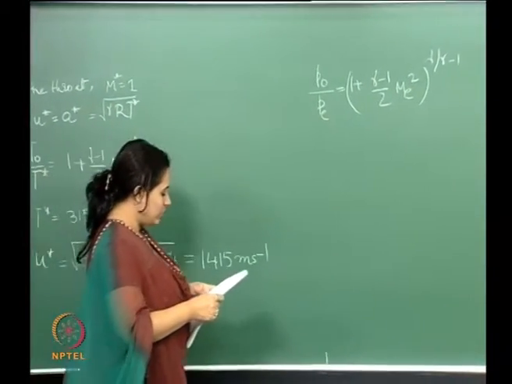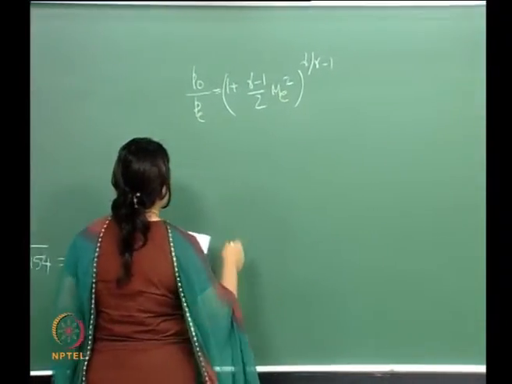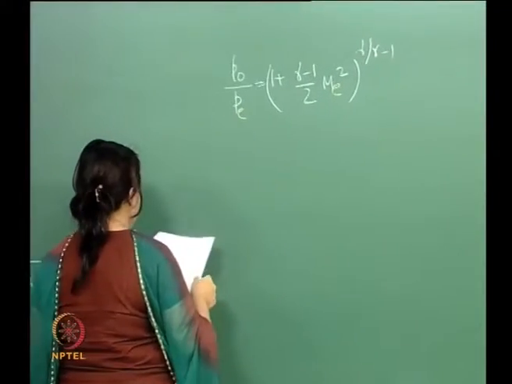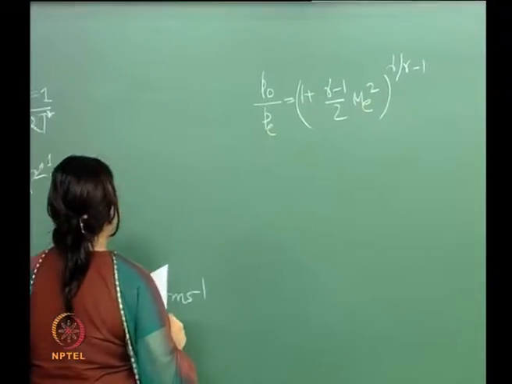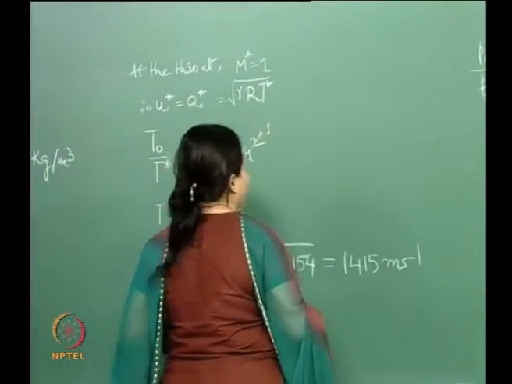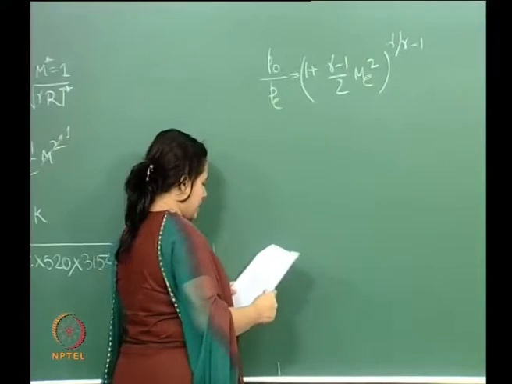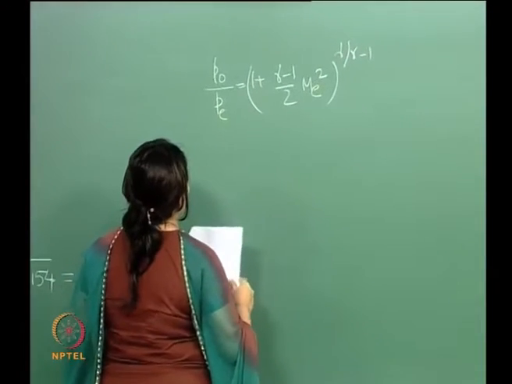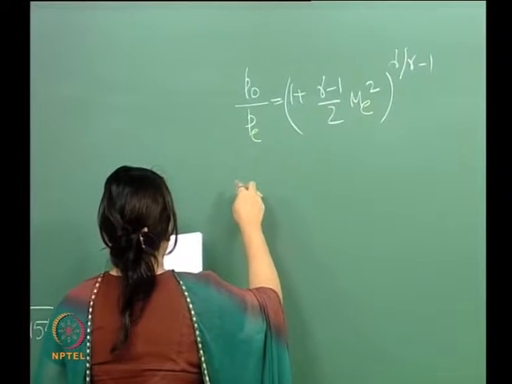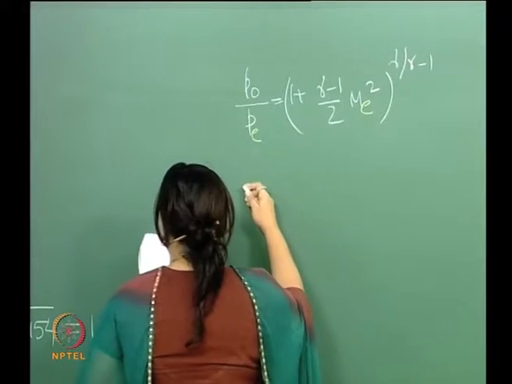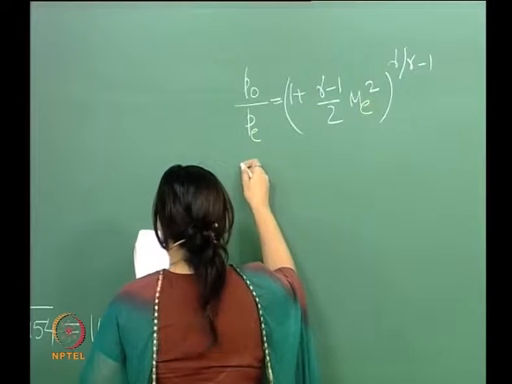This is given to us, P naught is also given to us. So, using that, I will write down the values over here. What is the relationship that we get here?